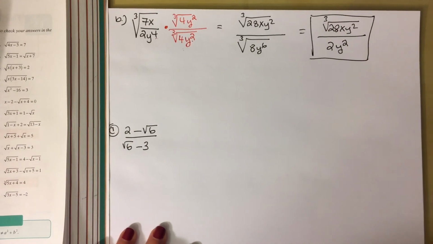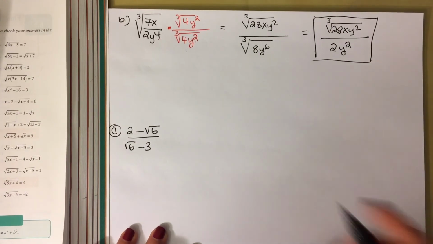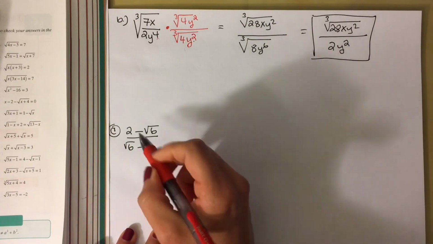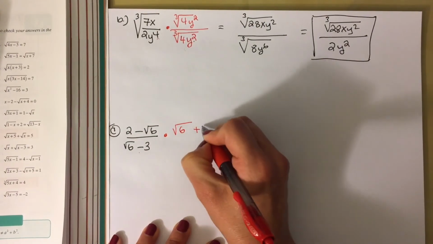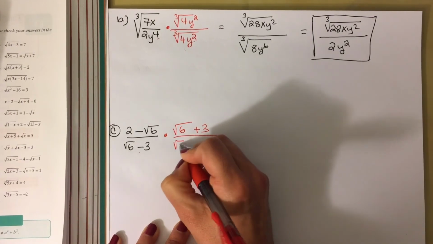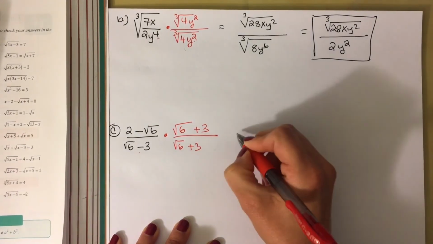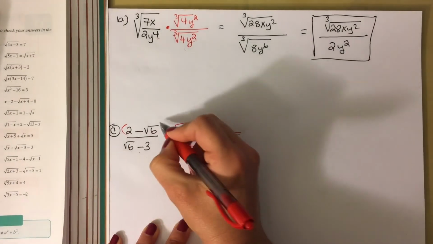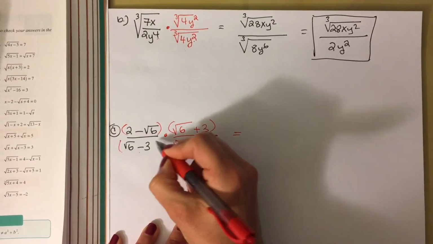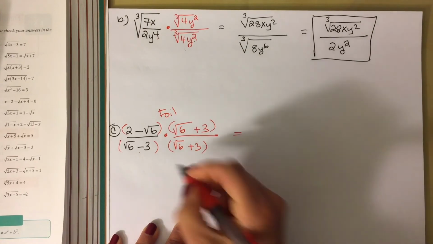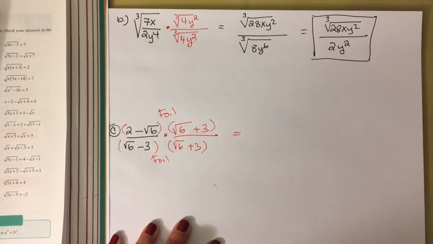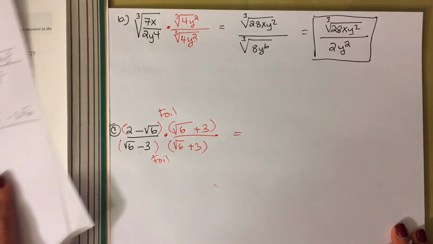And really quick for example C, you're going to multiply by the conjugate of the denominator, which just means you switch the sign. And you need to FOIL in the numerator and FOIL in the denominator, both places. Let's see what we get.